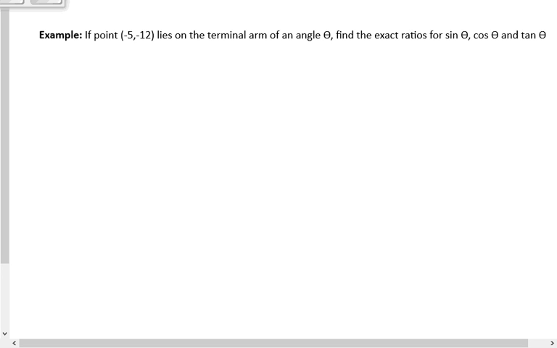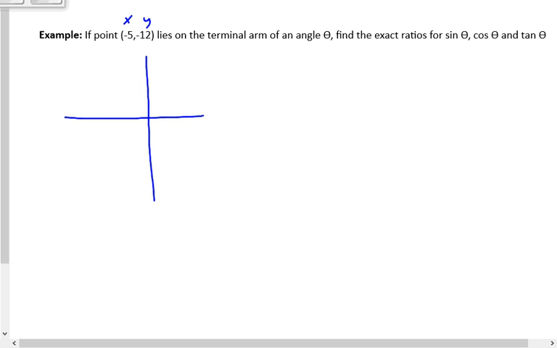So if point (-5, -12) lies on the terminal arm of angle theta, find the exact ratios for sine theta, cos theta, and tan theta. So what we need to do here is sketch what this triangle would look like. We're told (-5, -12), so this is our x value, this is our y value.